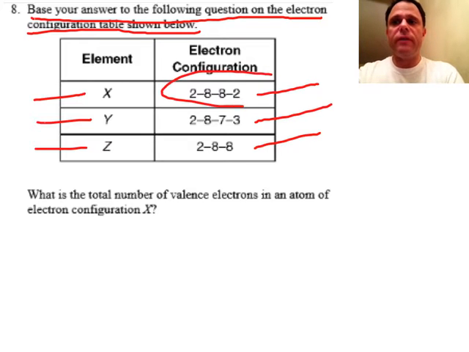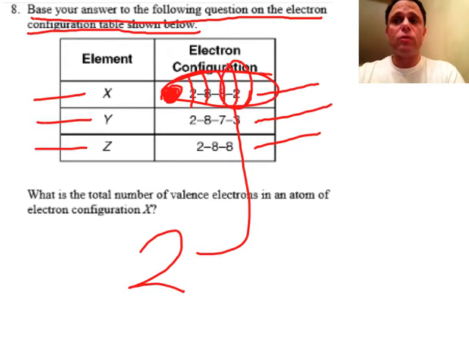So we are investigating this one. And the electron configuration is 2, 8, 8, 2. The first 2 is the one that is closest to the nucleus. So first shell is 2, second shell 8, third 8, last 2. The answer is 2 because we are trying to focus on this last one.